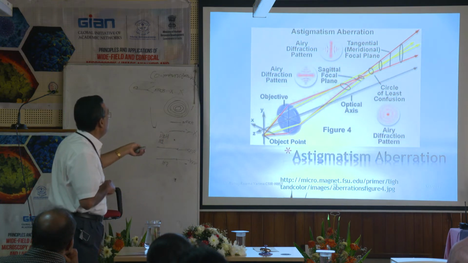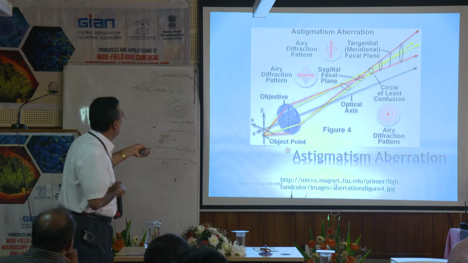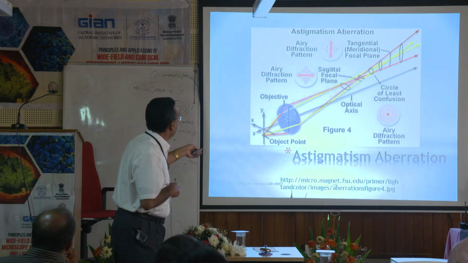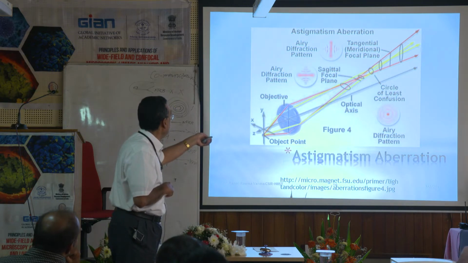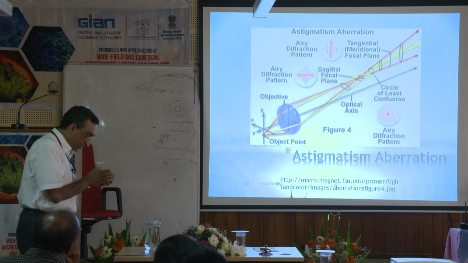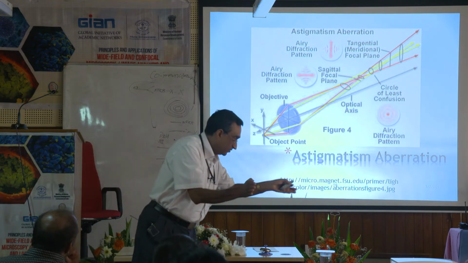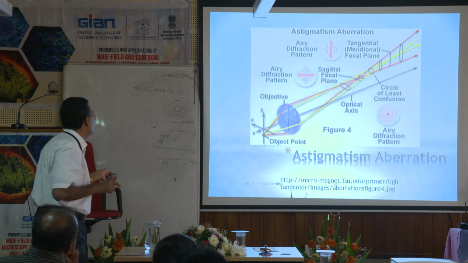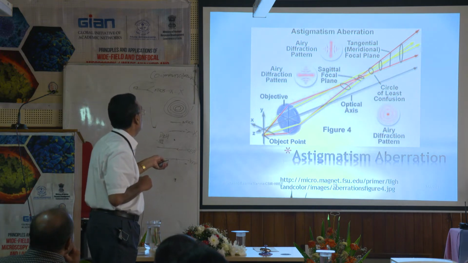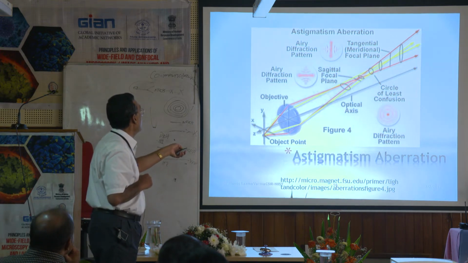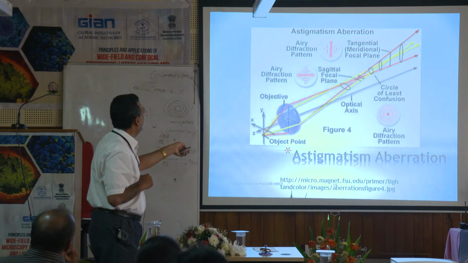We call it the tangential focal plane, where these rays meet. The rays on the vertical extremes are shown as yellow, and they focus at another point.